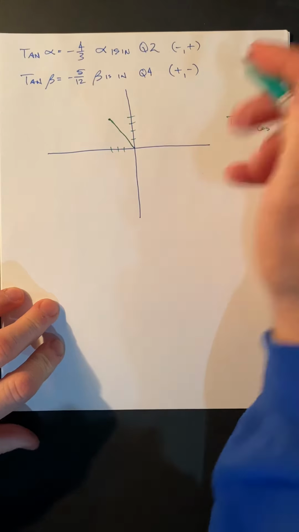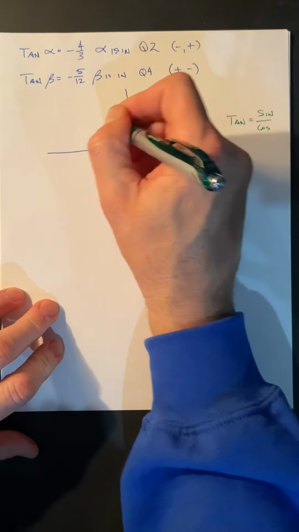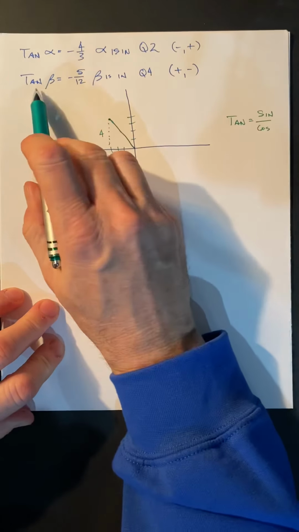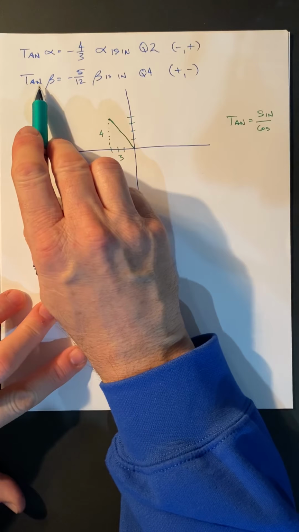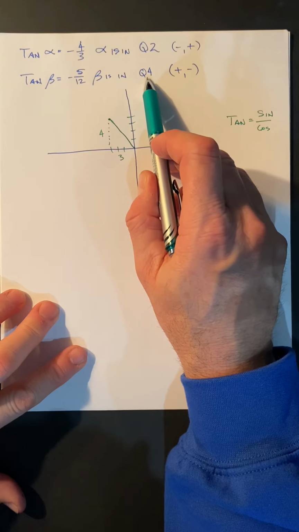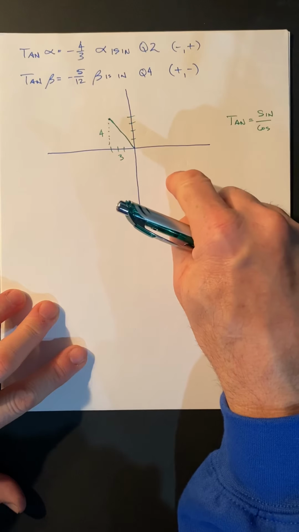Let's look at this one. And I know I'm out 3 and I'm up 4, right? Look at this guy. Tangent of beta is minus 5 over 12, and I'm in the 4th quadrant, okay? So that means I have to be down over here.